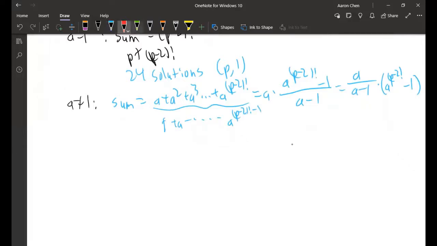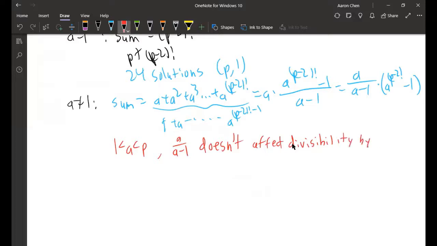And so now we know that A is between 1 and P, and A cannot equal either 1 or P. And so that means that A over (A minus 1) does not affect divisibility by P. And so that means that we can effectively ignore this factor.